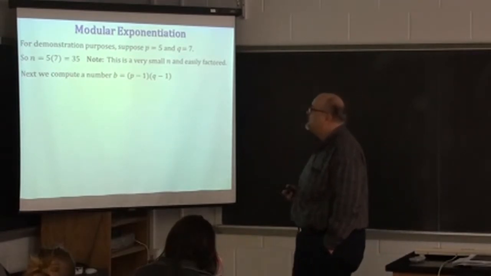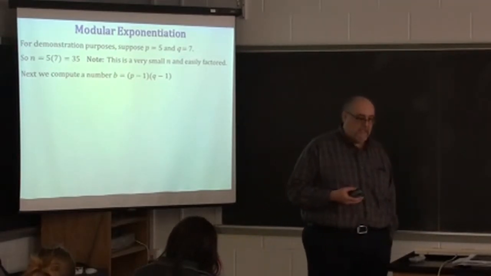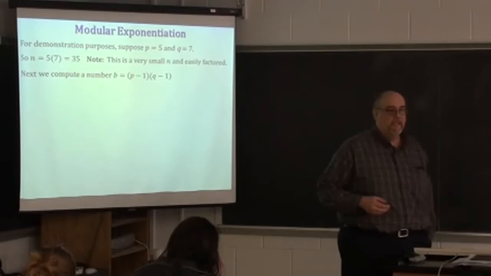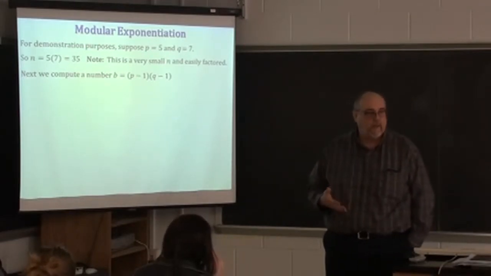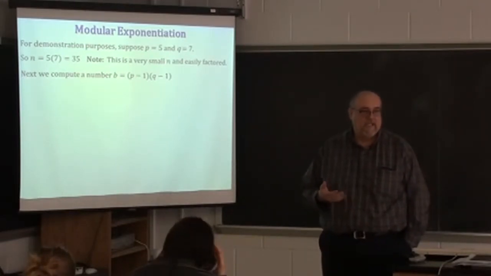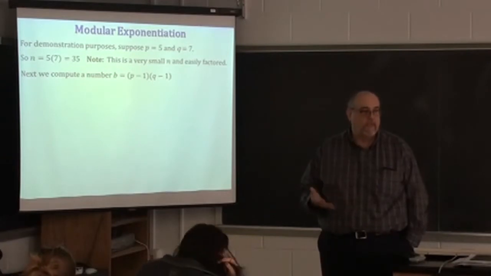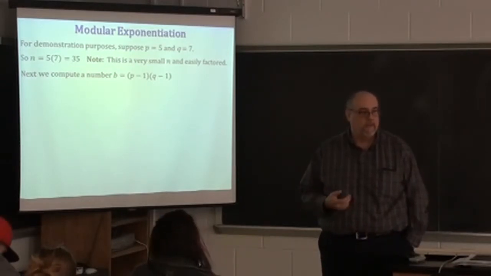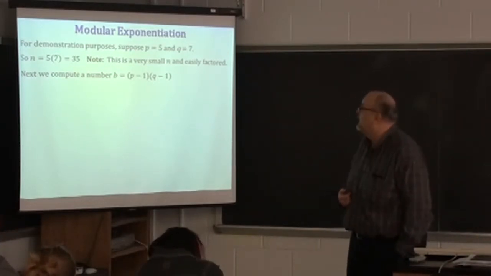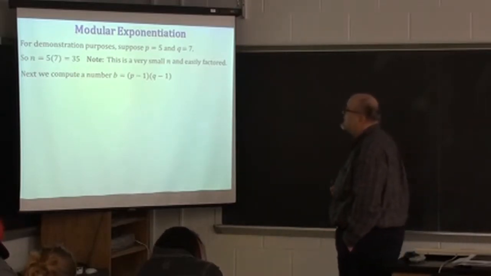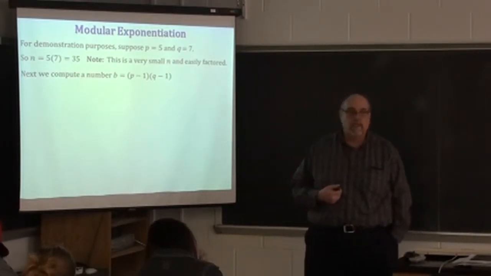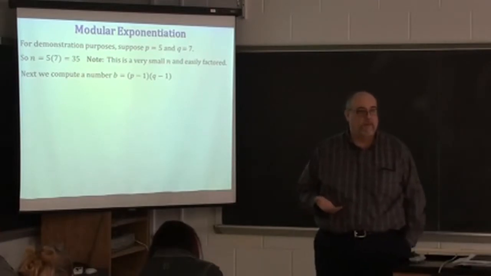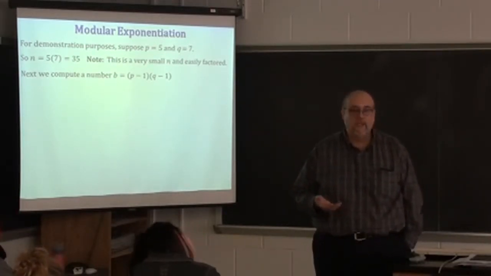So the next step is to compute the magic number B. Now this number B is going to be important in the decoding part, and somewhat important in the coding part, but more important in the decoding part. B is (p minus 1) times (q minus 1). So you take your two primes and you reduce them by 1 and multiply those differences together.